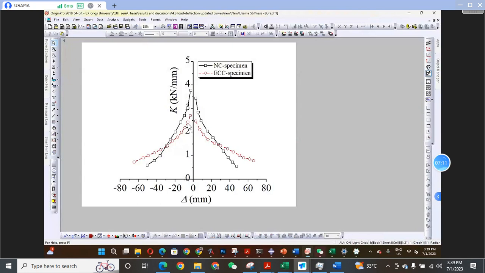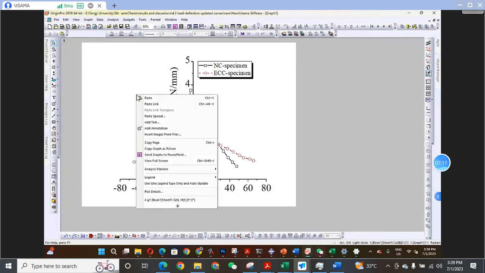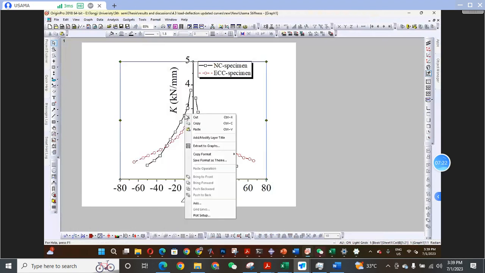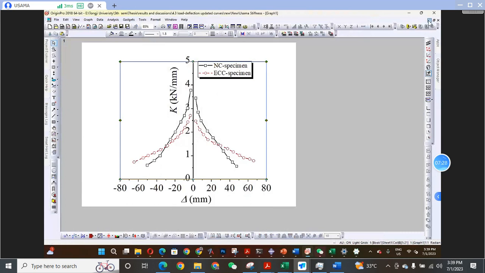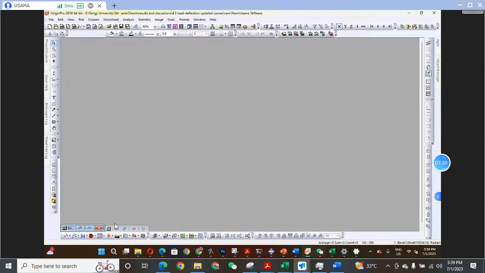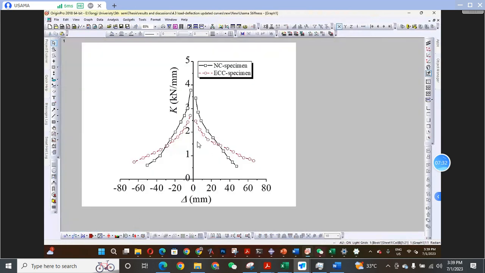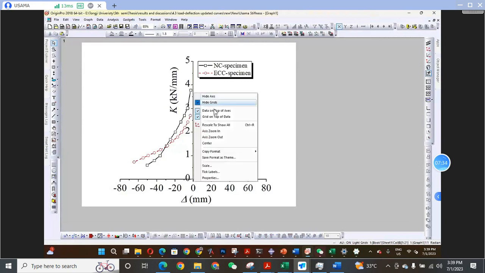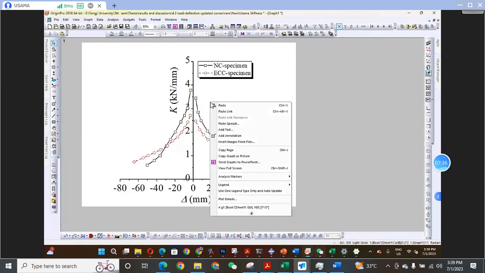You put the values here and it will give you a curve like this. You can also make some adjustments for a smooth graph. Yeah, this is all I can show you. This is the graph, and I will upload this file, and you can then ask any question you have.